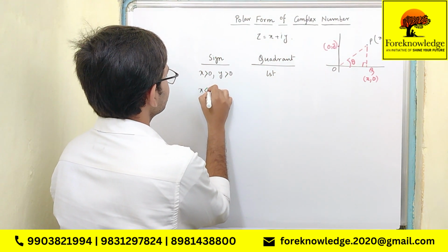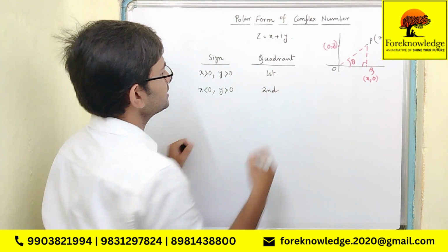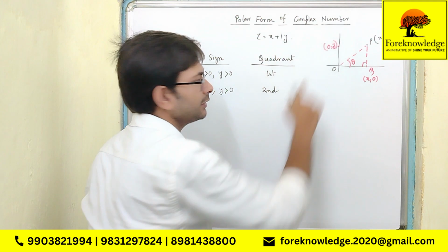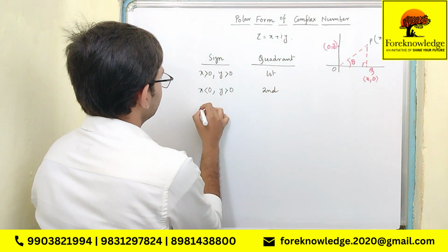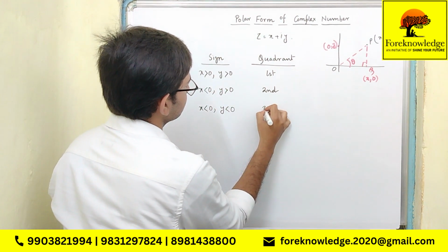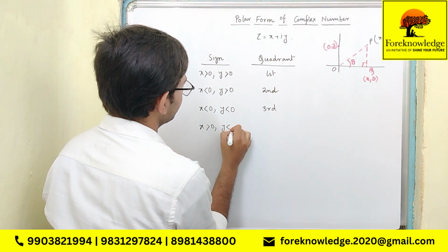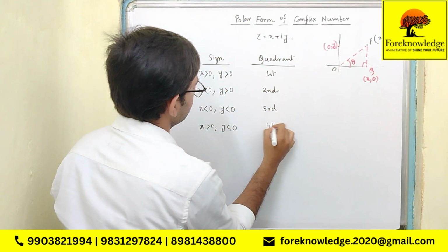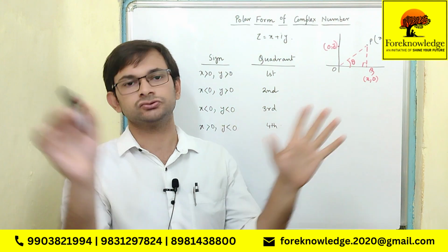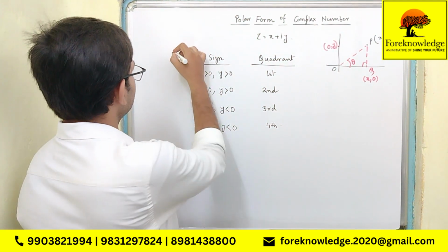If x is negative and y positive, then the complex number is lying in second quadrant, because in second quadrant the x value is negative but y value is positive. If both of them are negative, then it is in third quadrant, and finally if x positive and y negative, then it is in fourth quadrant. This is the first thing you need to do. Step 1.